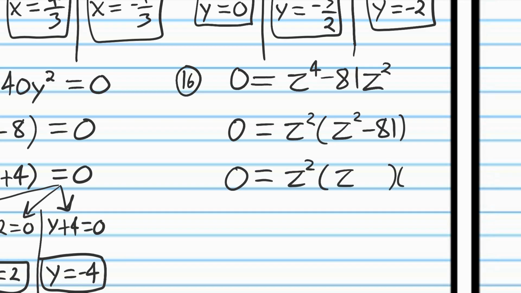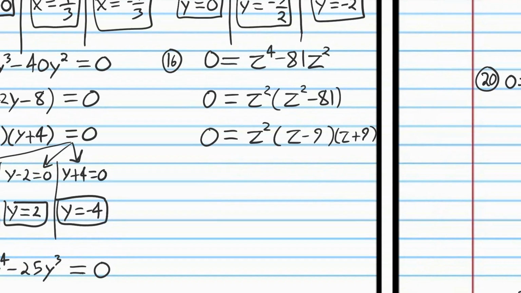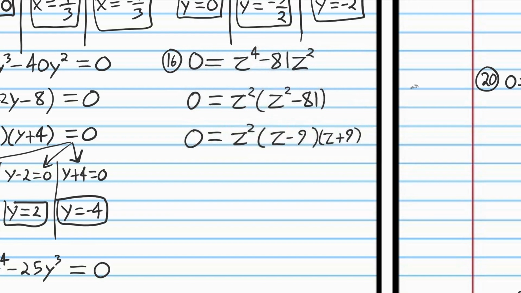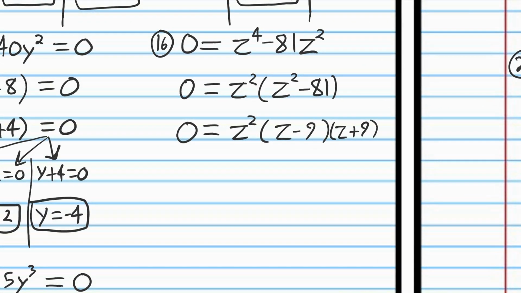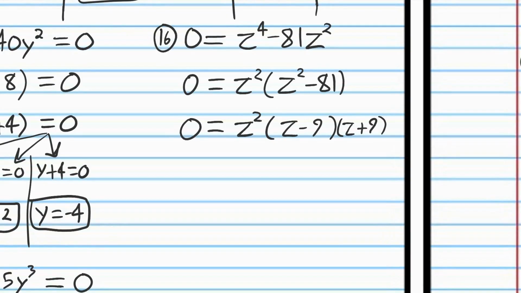What number times itself is equal to 81? Obviously that's 9, and you put your plus and minus. Again, we learned how to do this in previous classes. I'm going to move that over a little bit. So break it up into 3 equations.